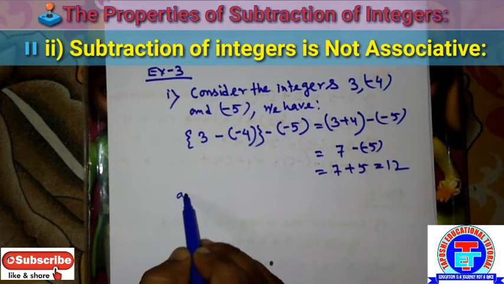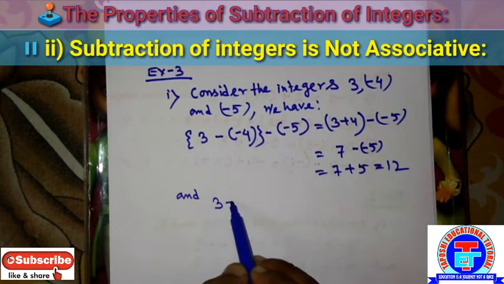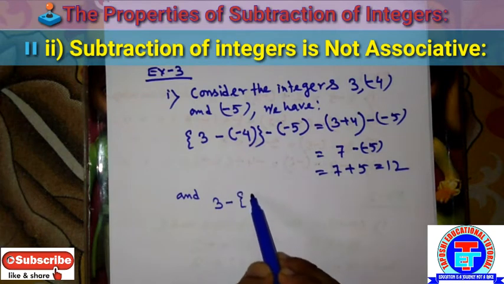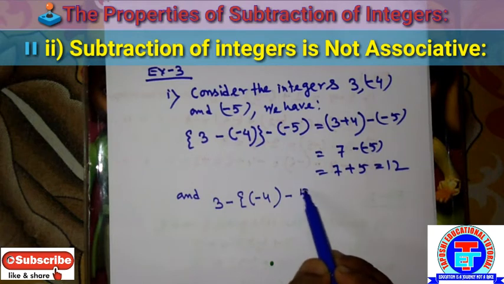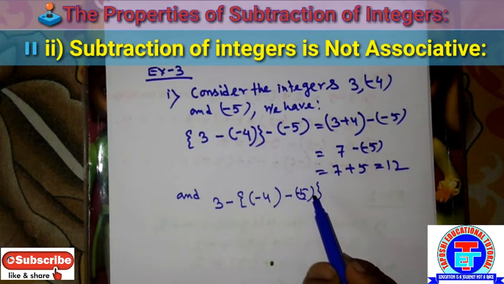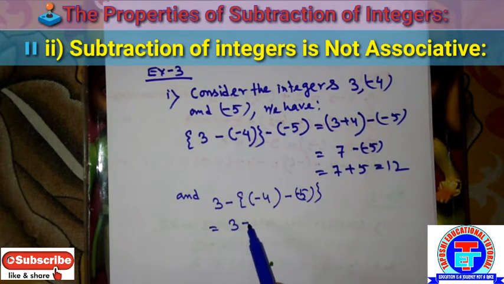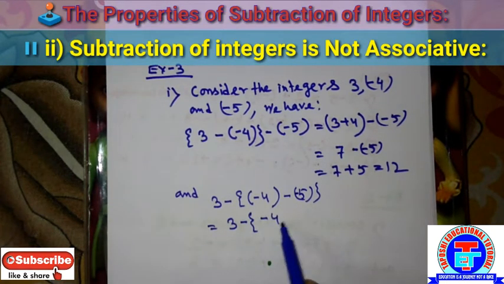And we arrange 3 minus curly bracket minus 4 minus 5, this one minus 5, close curly bracket, it will become 3 minus curly bracket minus 4, this one plus 5.